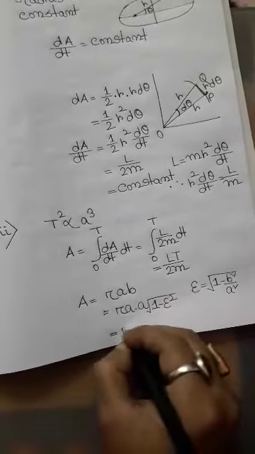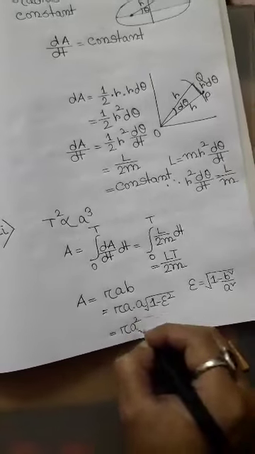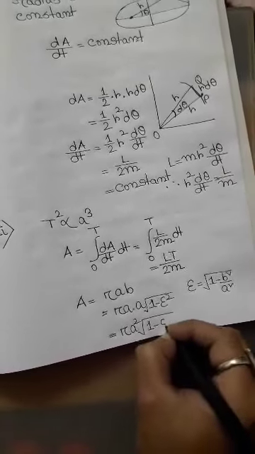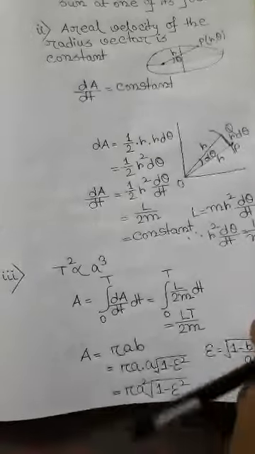So the area is pi a square into the square root of 1 minus epsilon square.